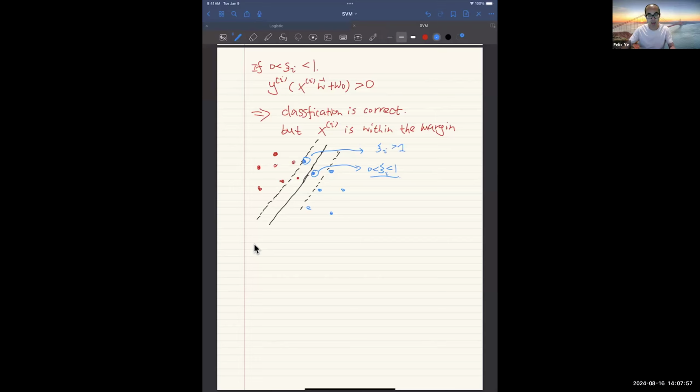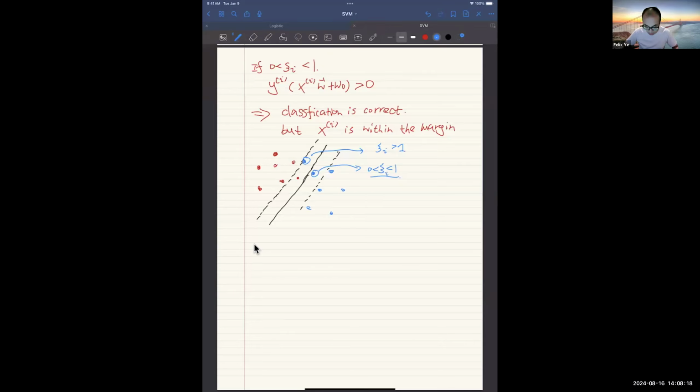So that means it not only crossed the margin line, it also crossed the boundary line. And that indicates this point will be misclassified as red.